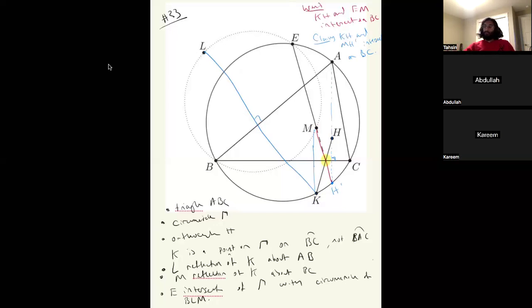So what that means is that this claim that we want to show is actually equivalent to showing that E, M, and H prime are collinear. Does that make sense? I want to show that EM also passes through this special intersection point, so I should just show that E, M, and H prime are collinear.